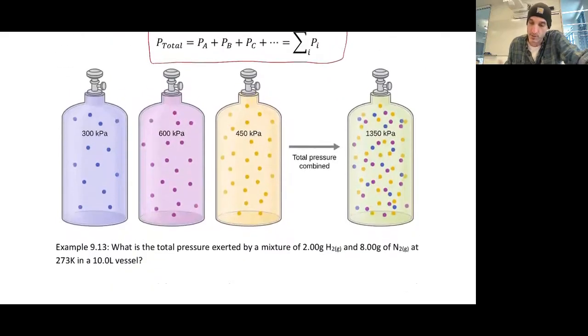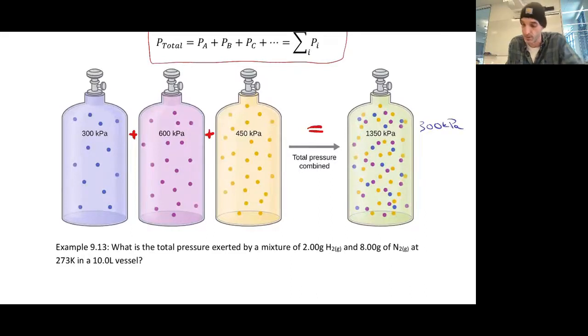This is a great demonstration of this. I have blue, red, and yellow gases. I'm going to combine 300 kilopascals of the blue, 600 kilopascals of the red, and 450 kilopascals of the yellow, and I end up with 1350 kilopascals total. It's all of the pressures combined. So what is the concentration of the blue? 300 kilopascals.